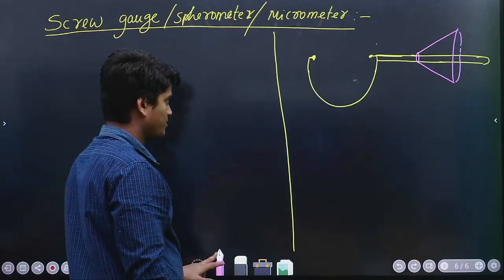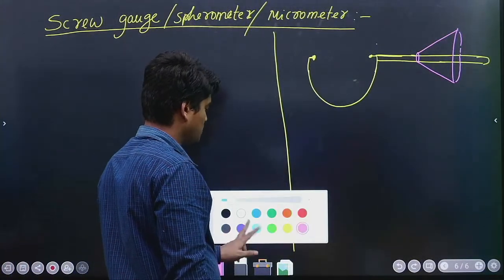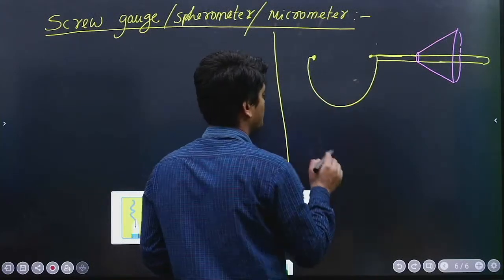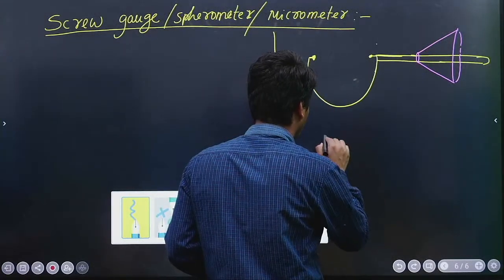Okay, and one more thing to remember here. This is your screw gauge picture, and the spherometer if I do it.